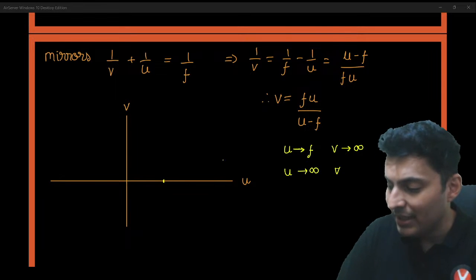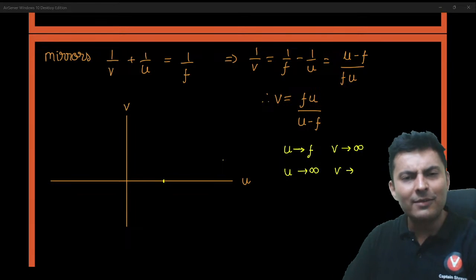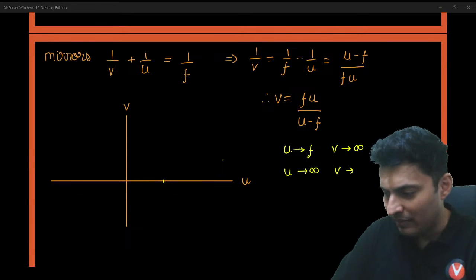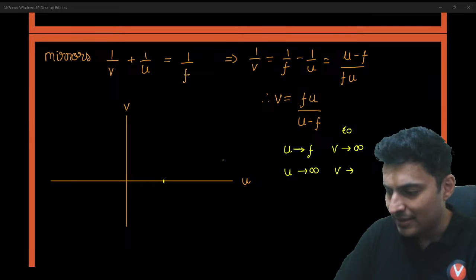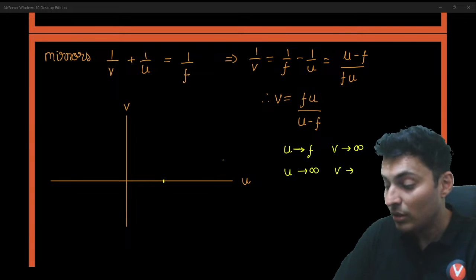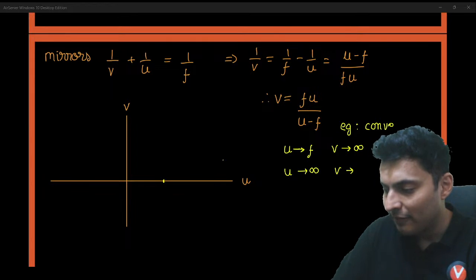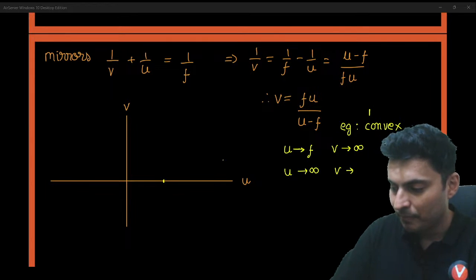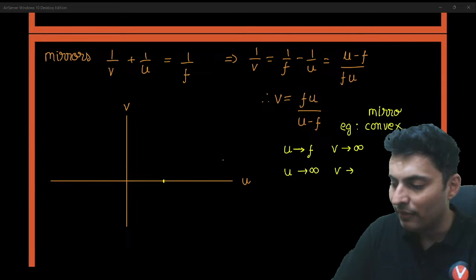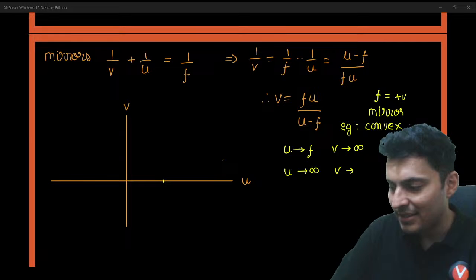Number 2, if the object is at infinity, think about it, where will the image be formed? Let's take the example of a convex mirror. The mirror is convex, so the focal length will be positive.